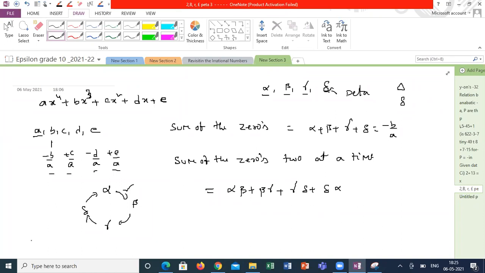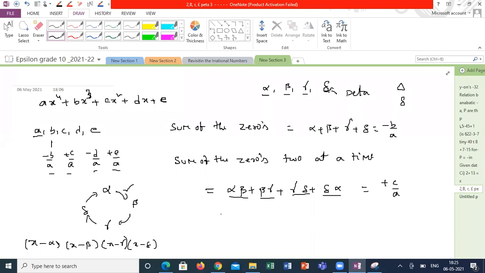Even if I multiply x minus alpha into x minus beta into x minus gamma into x minus delta, these will be the coefficients of x cube, sorry, x square. This will be plus c by a here.